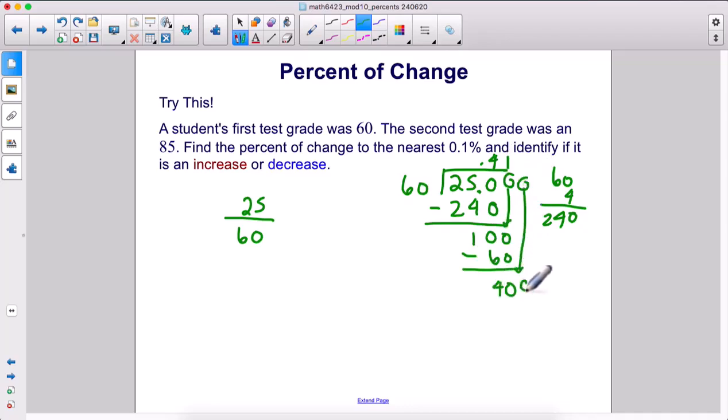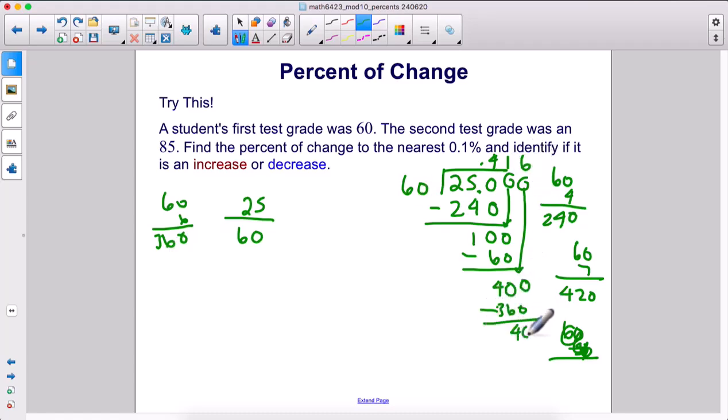Add another 0. 60 goes into 400. 5 would be 300. 6 would be 360. 7 would be 420, that's too big. So 60 times 6 is 360. Okay, so we'll do 6. And we have 40 again. So look, we're going to just get 666.